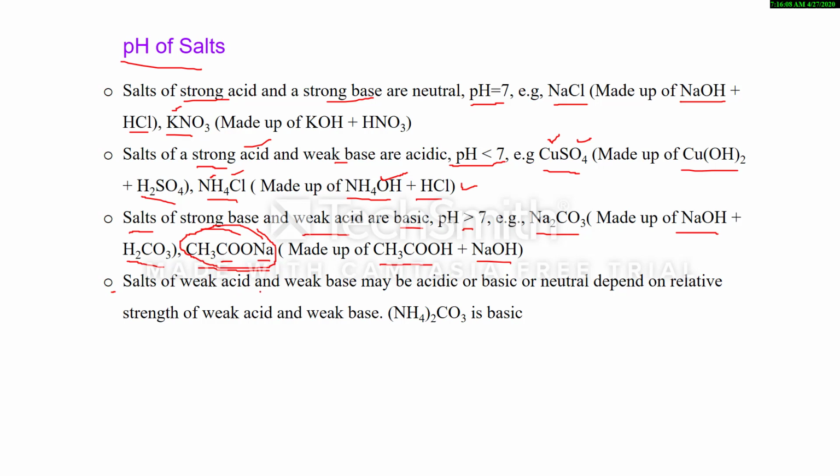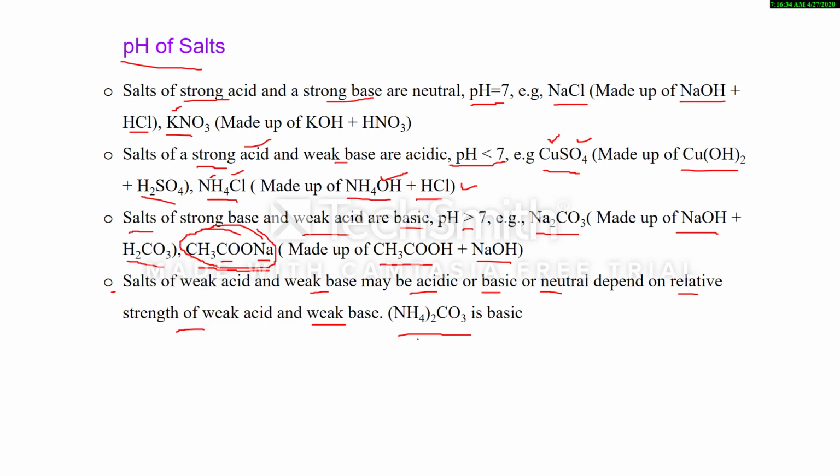Then salts of weak acid and weak base may be acidic or basic, or even they may be neutral. It depends on the relative strength of the weak acid and weak base. One example is ammonium carbonate. This is made up of NH4OH and H2CO3.